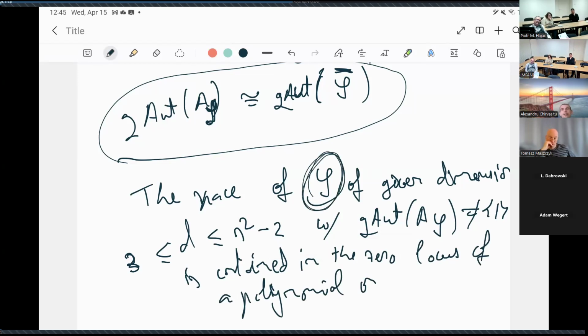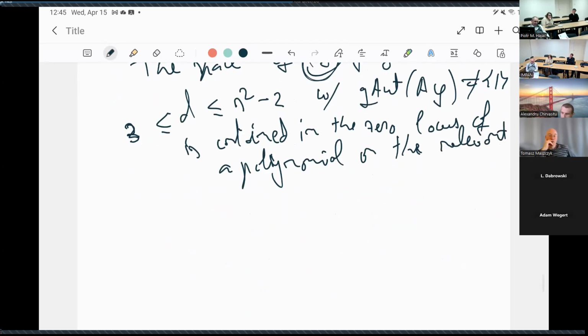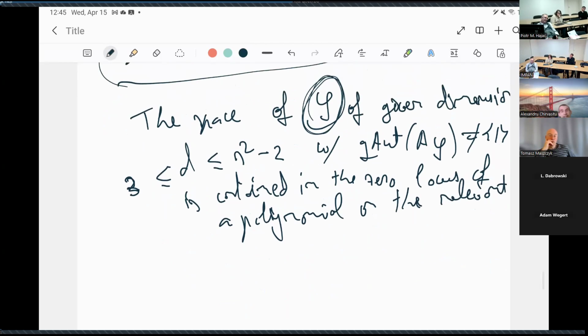So you take all self-adjoint spaces of fixed dimension, right? That's a bit like a Grassmannian, which also contains the unit, so it's a variant of the Grassmannian. On the relevant Grassmannian, that's a real algebraic variety.